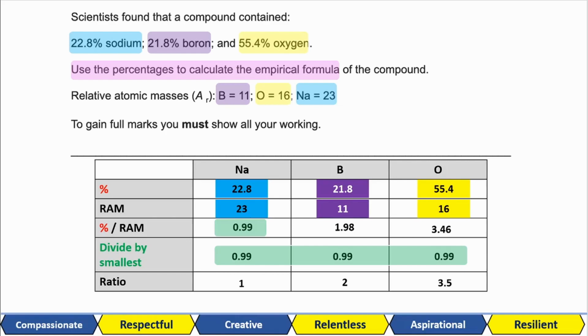So what does that give us? 1 sodium times 2 gives us 2 sodiums. 2 borons times 2 give us 4 borons. And 3.5 oxygens times 2 gives us 7. And this is our empirical formula. Sodium, boron and oxygen, Na2B4O7.